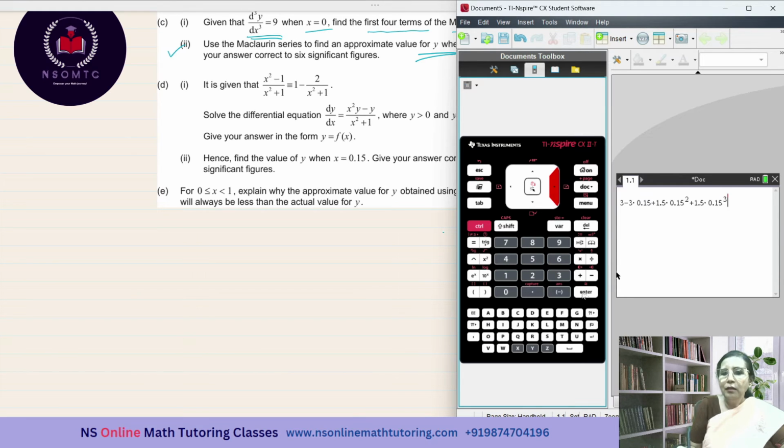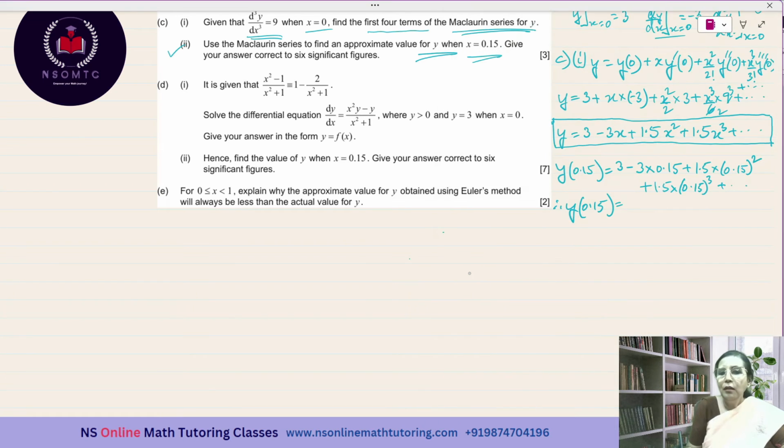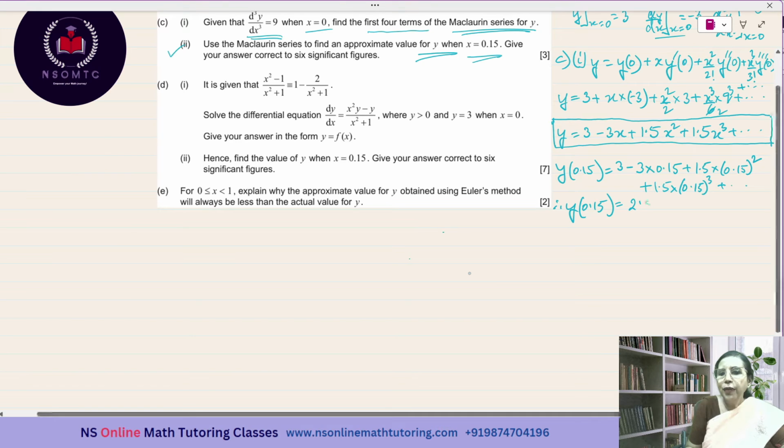Okay. So enter. Fine. Up to 6 significant figures, we have to give the answer up to 6 significant figures. So it will be 2.5 and then up to 1. 2.58881. Okay. 2.58881. Correct?